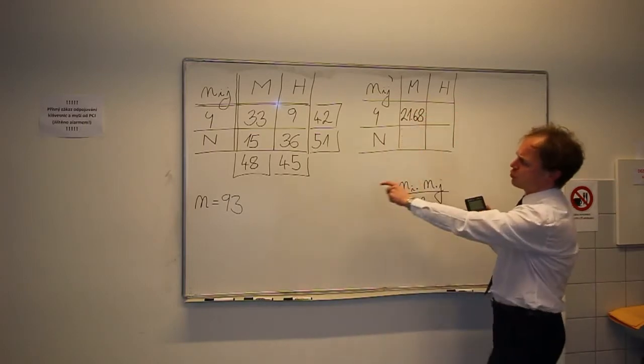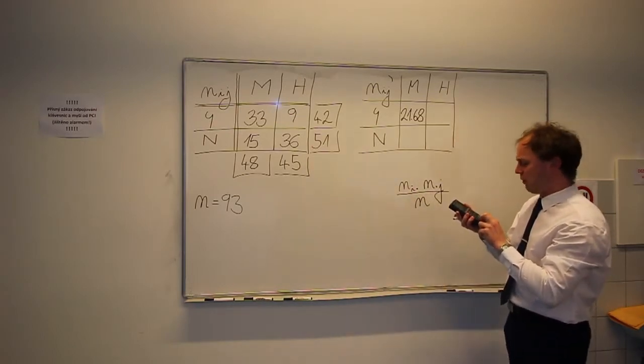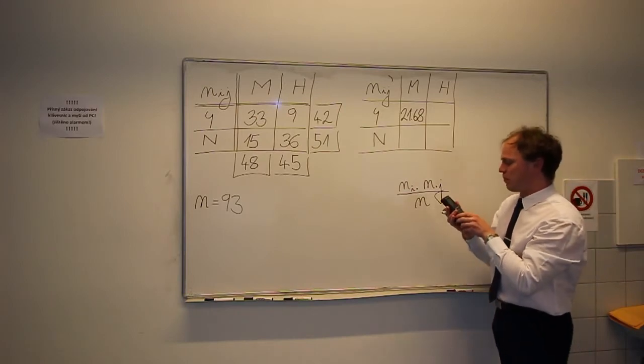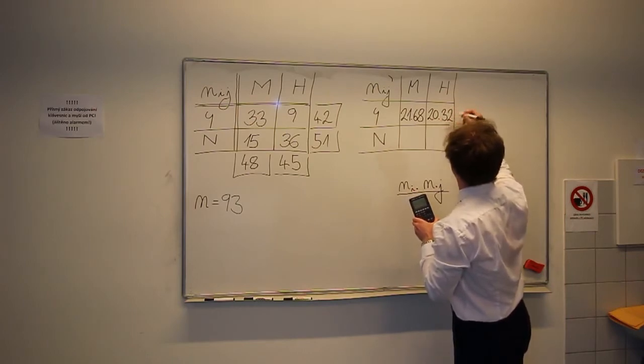Another value, 42 times 45 divided by 93 is 20.32.